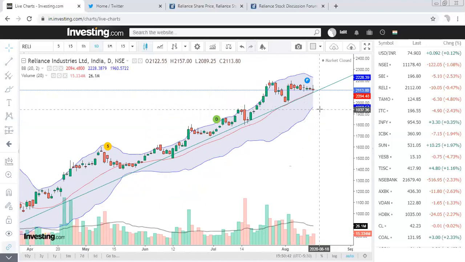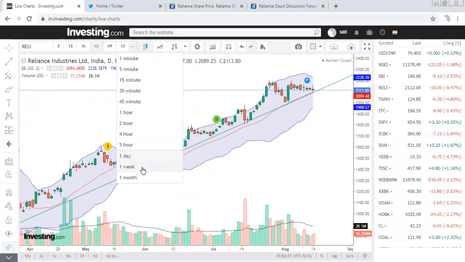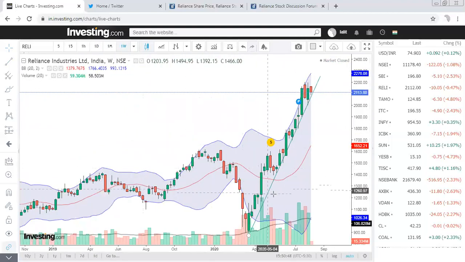One thing to note is, if I look at the weekly chart, here we are again trailing this support line on the weekly, and we've closed with a bearish candle on the week here, which took support at the support line.